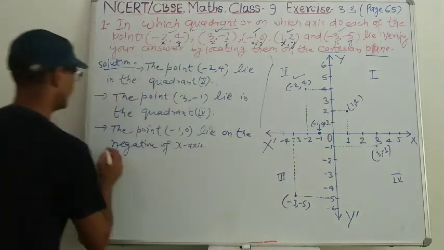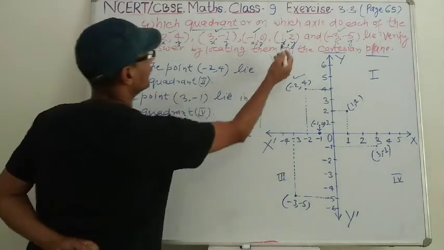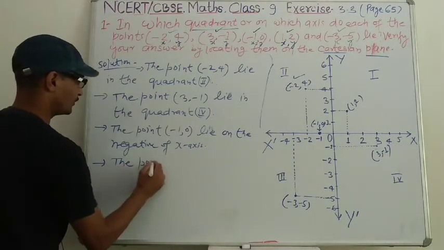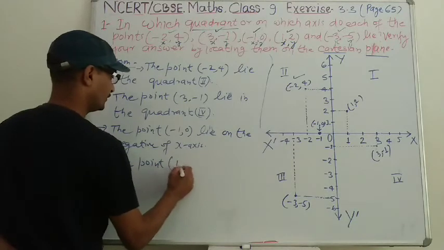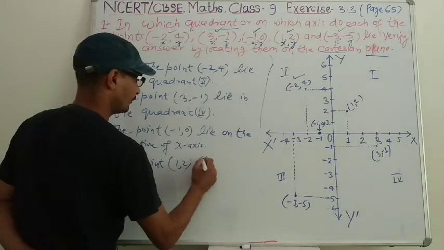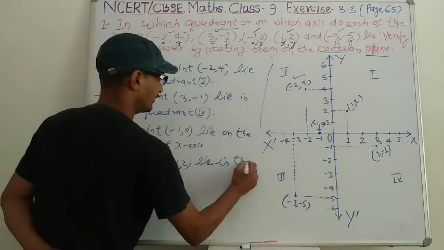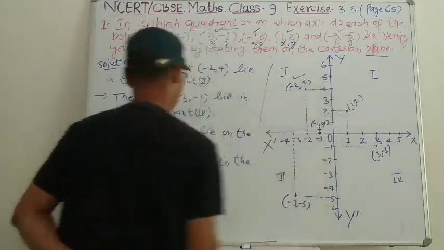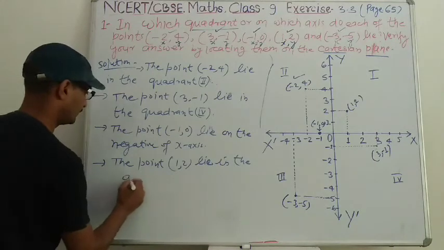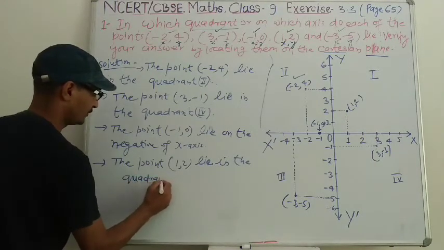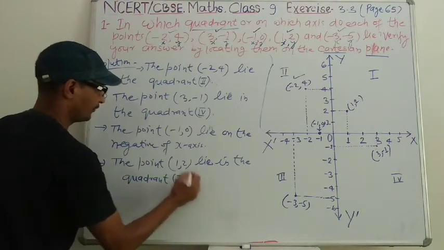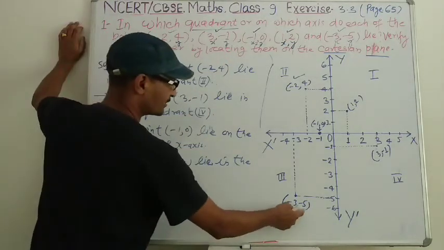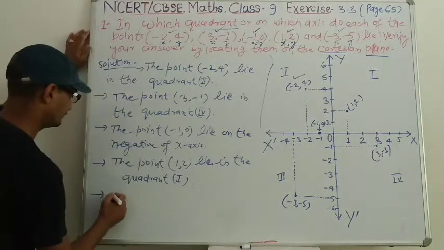So that was minus 1, 0. Now next, 1, 2. The point 1, 2 lies in the first quadrant. Now the last, minus 3, minus 5. Minus 3, minus 5 is in the third quadrant.